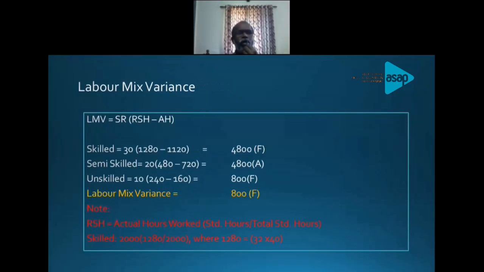We are moving on to labor mix variance. Labor mix variance is standard rate into revised standard hours minus actual hours.